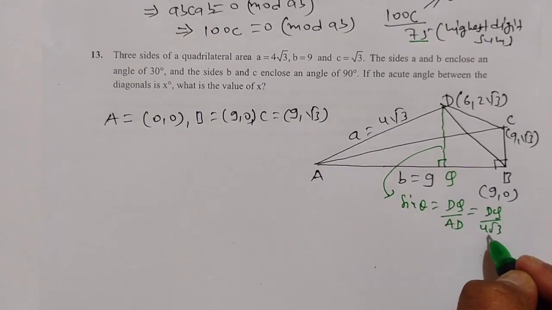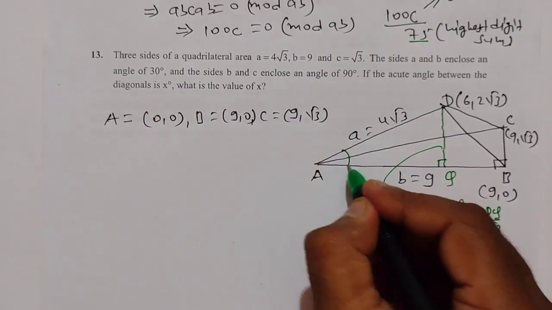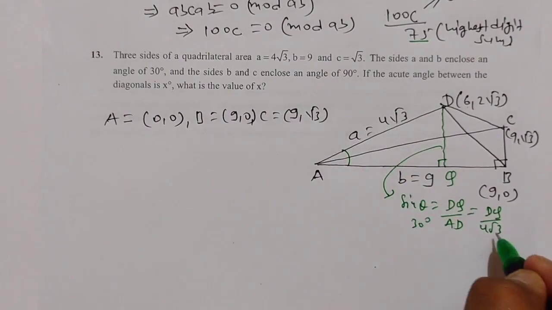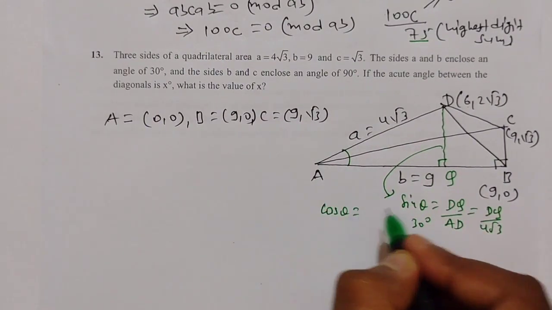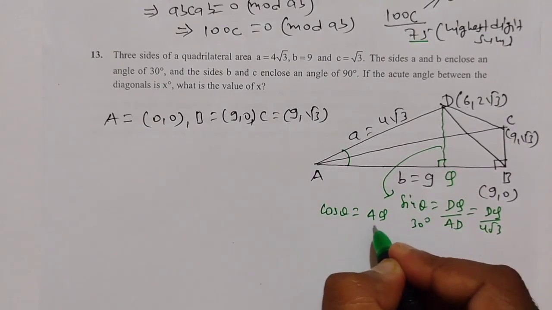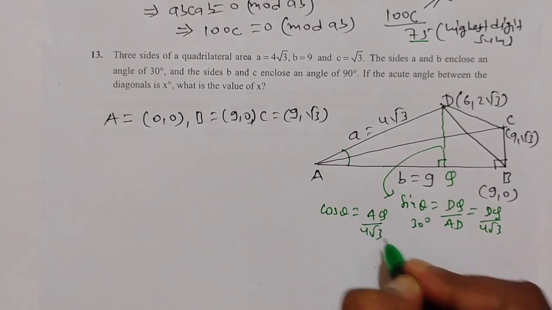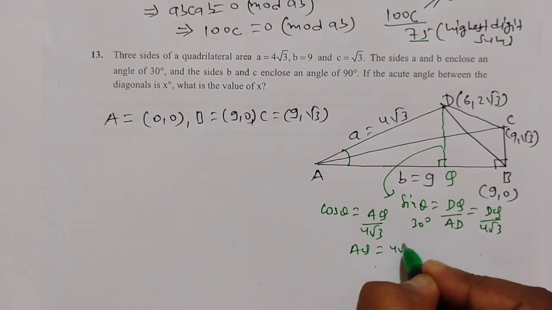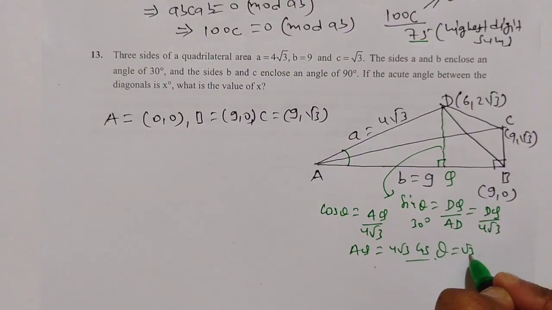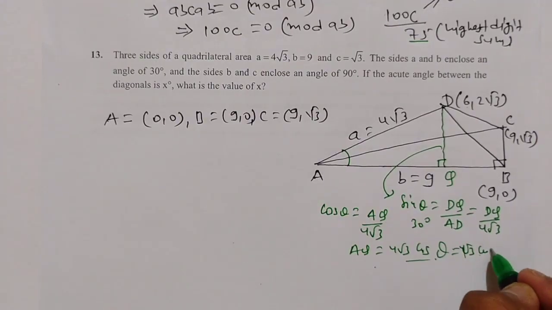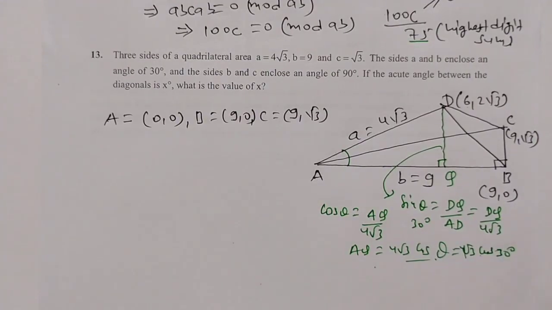So DQ is 4 root 3 sine theta, and theta is 30 degrees. Also cos theta is equal to AQ by 4 root 3, so AQ is 4 root 3 cos 30 degrees.